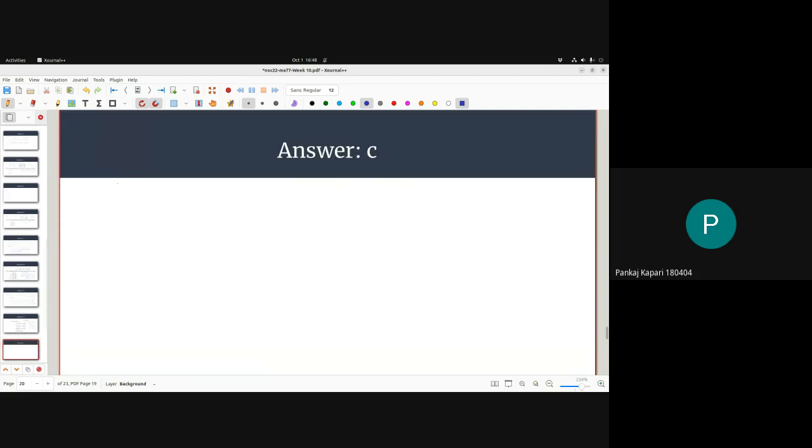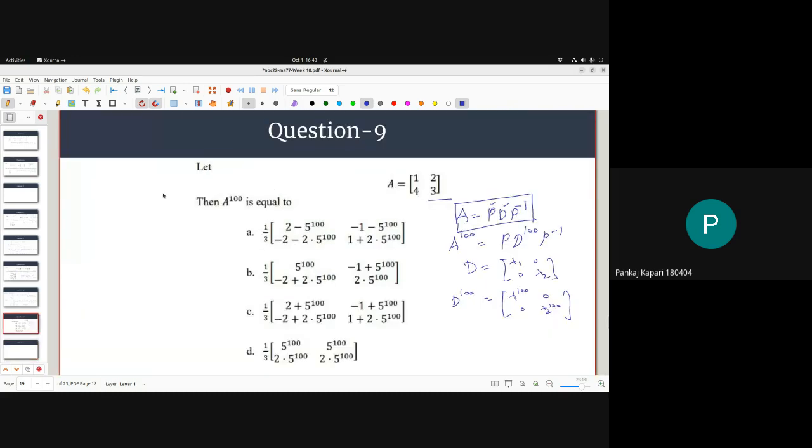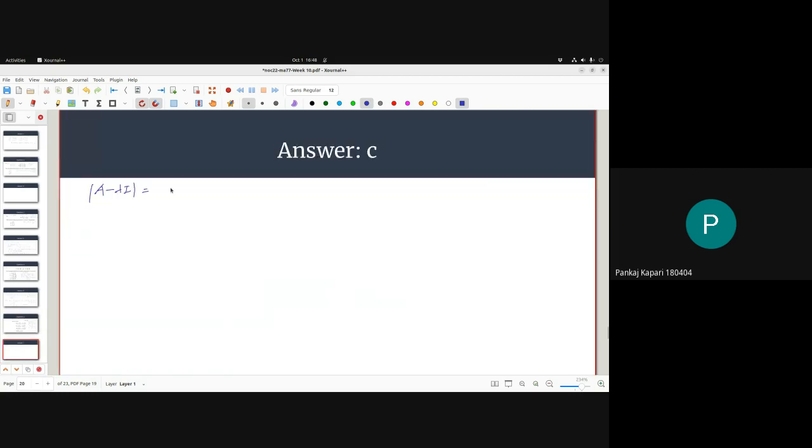Okay, so first let's find eigenvalues, and for that we have to find the determinant of this matrix. So this is 1 minus lambda, 2, 4, and 3 minus lambda. What is the determinant of this?